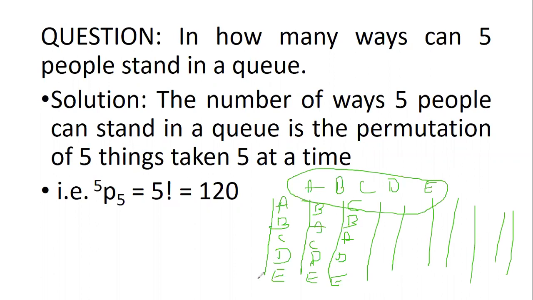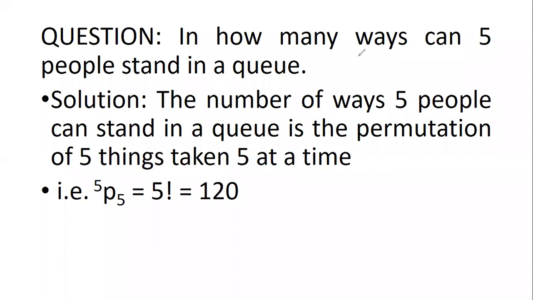Okay, now in such questions, the first thing you're supposed to see is how many people are there. How many people are there? Five of them, correct? I have 5 of them. Now the number of ways the 5 people can stand in a queue is where I take 5 at a time.